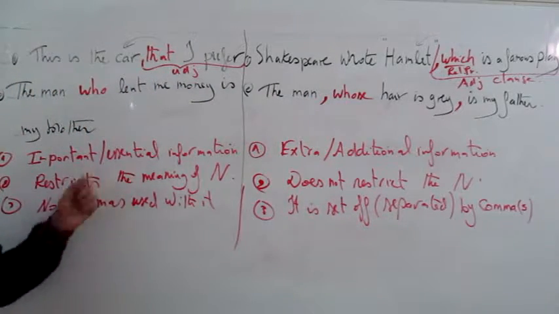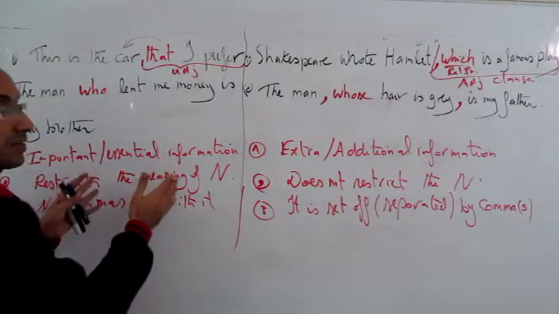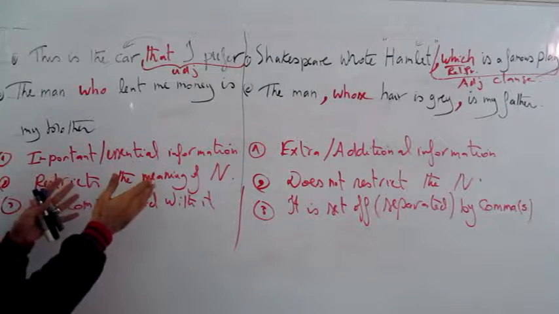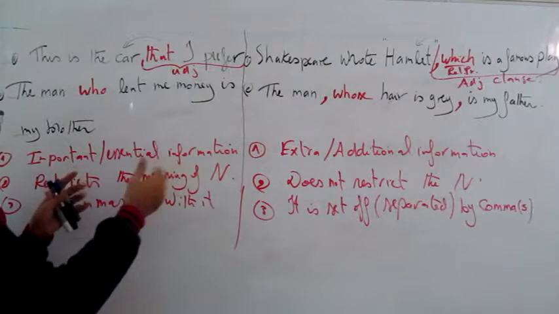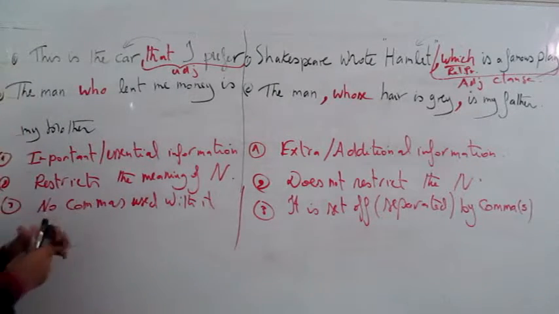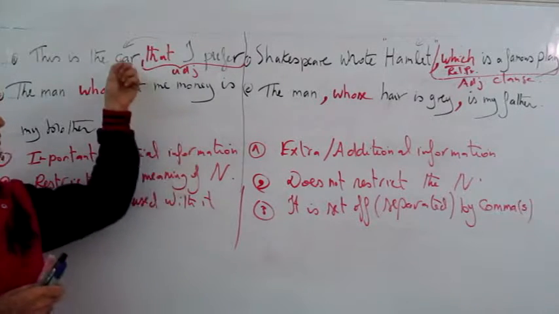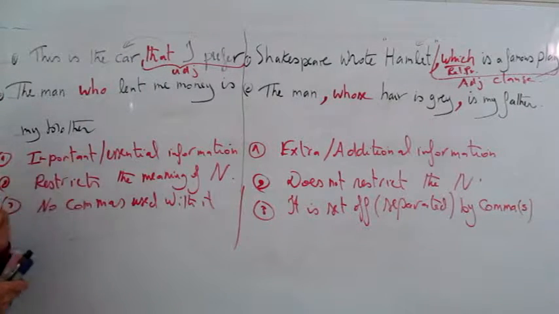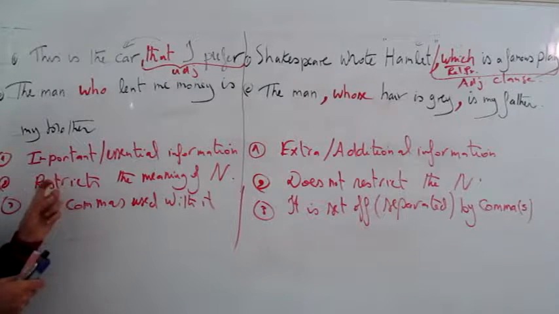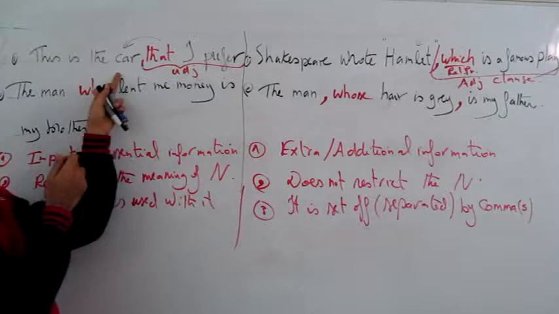Now, look here. I have now gathered a set of qualities for two types of adjective clauses. The first one gives important and essential information about the noun it refers to, is not set off by commas, and restricts the meaning of the noun it refers to.